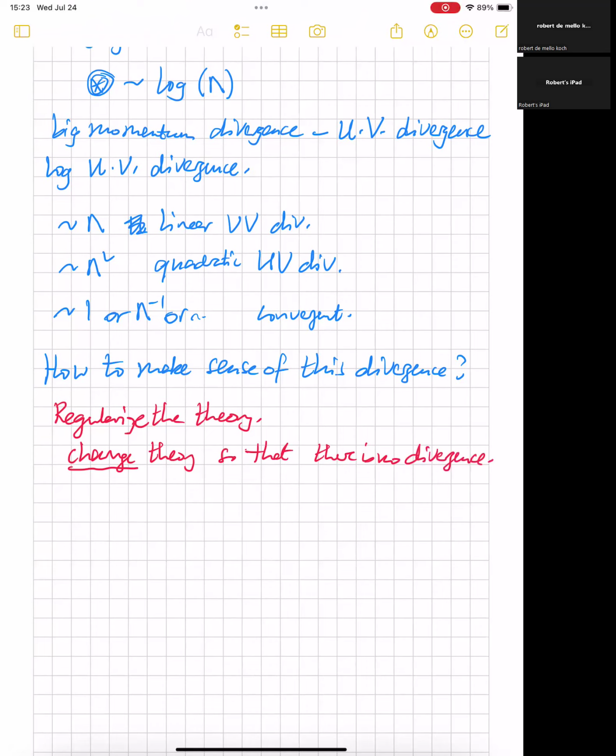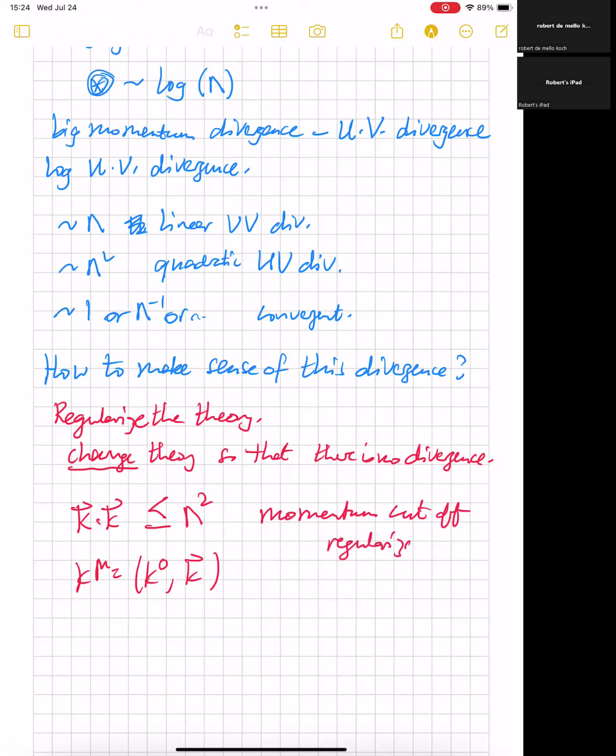Okay, let me illustrate how we could do this. One thing that we could do is say, don't let the spatial momenta get too large. Remember that K mu was K naught and the spatial K. So we'll say K dot K can be less than or equal to lambda squared. This is called a momentum cutoff regularization.